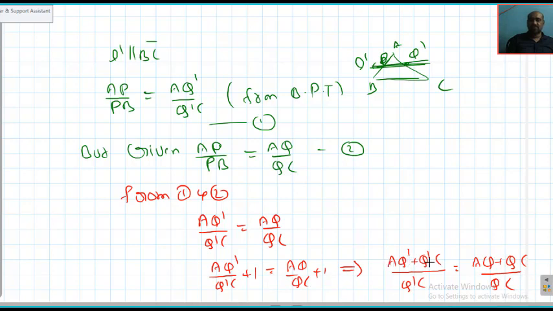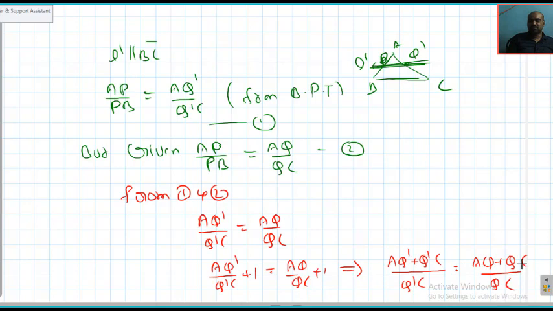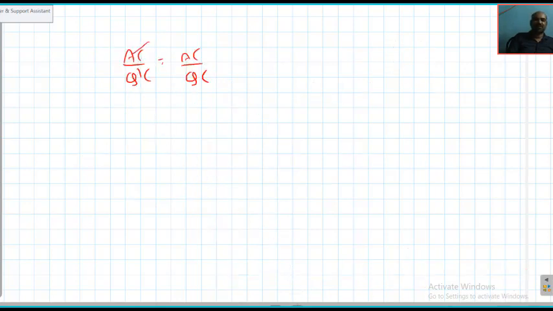AQ dash plus Q dash C is AC only, no? So AC by Q dash C equals AC by QC. Observe here, AQ plus QC is AC only, so AC by QC. Here these two should get cancelled. So what I got? Q dash C equals QC.